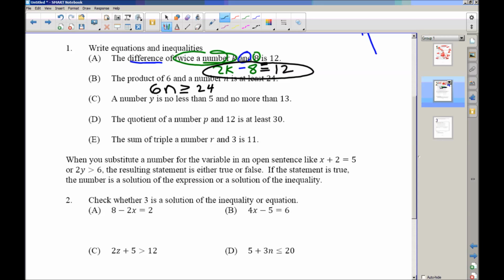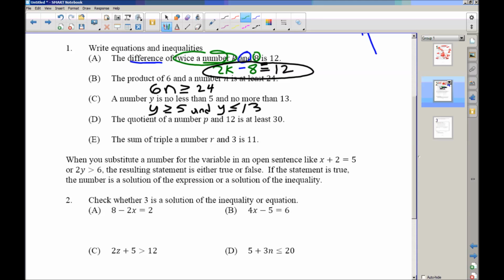Number y is no less than 5 and no more than 13. So we can write this two ways. Y is no less than 5, so that means it has to be bigger than 5 or equal to, and no more than 13. So y would have to be less than or equal to 13. So we can write it like this with the word and in between.